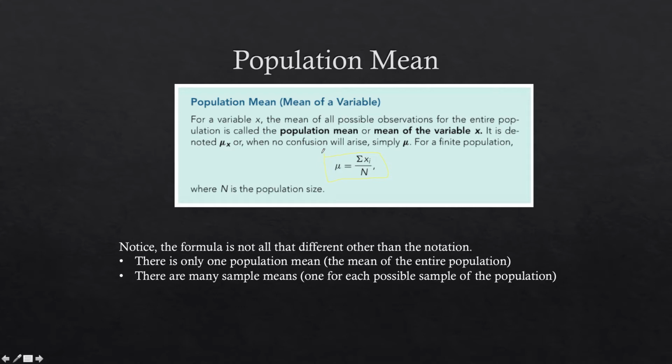So think of it like this: there is only one population mean, because that's a mean of an entire population. There are many sample means because it depends on what sample of the population you choose, and we could essentially choose a different sample every time if the population is large enough. So there could be a lot of different sample means.